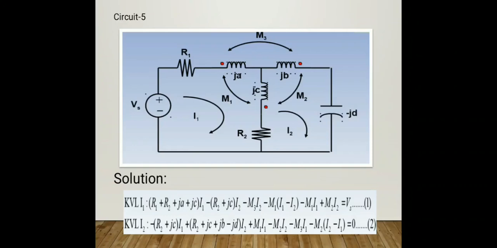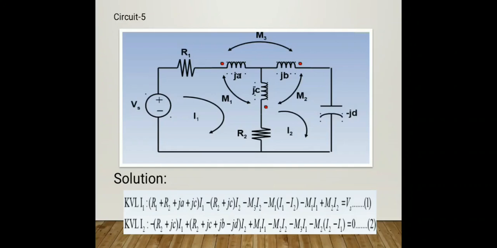I will repeat again. The first loop consists of two inductors. So JA has a mutual inductance of JC and JB. M1 is a mutual inductance created by JC. If the current enters JA and leaves JC, so minus M1, and net current to JC is I1 minus I2.